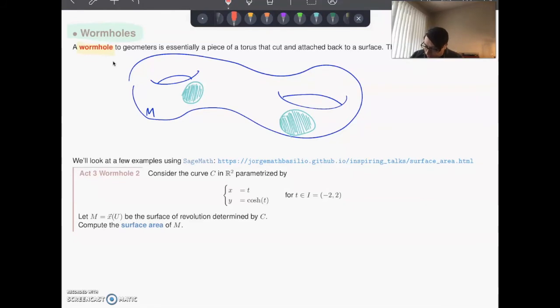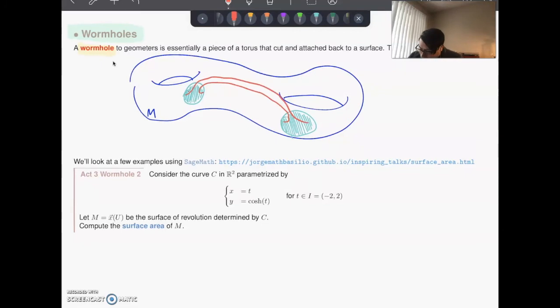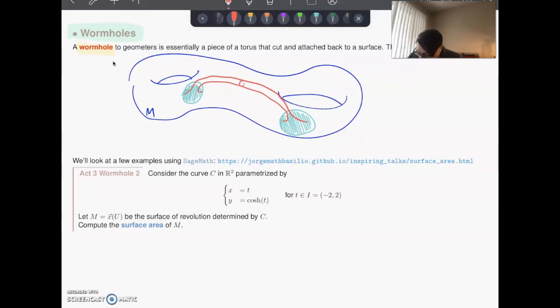So I like to draw it like this. Let's say we have a nice long thin tunnel, which is supposed to represent something that looks like a little piece of a tube. Tube, torus, hope you forgive me.